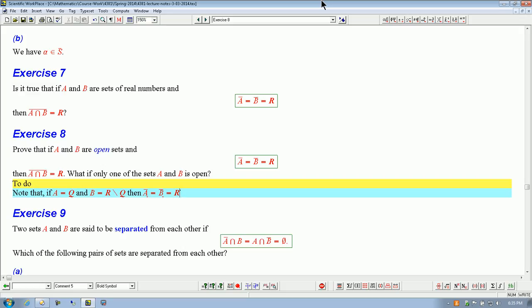If you take any real number at all and you put it in a neighborhood, in a little stick, that stick will contain some rational numbers.